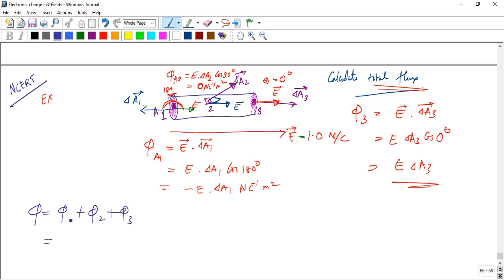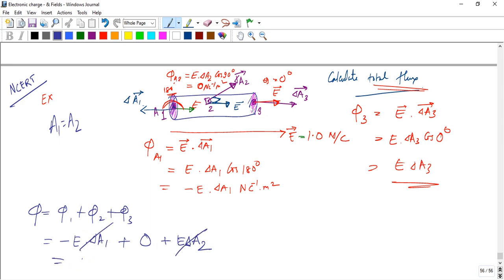So what is the value of phi 1? Phi 1 is minus E times delta A1, phi 2 is 0, and phi 3 is E times delta A3. If it is a cylinder, the front and the back are both circles of the same area. So A1 equals A3, and they cancel each other because E is the same.